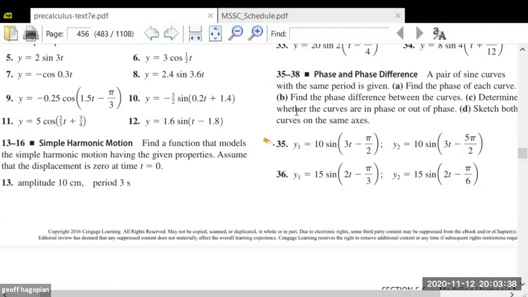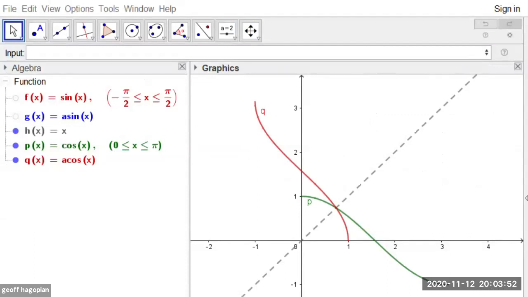Since we're short on time, let's go to GeoGebra and graph it there. Okay, so we've got our inverse functions. Should we save this? Let's file save it.